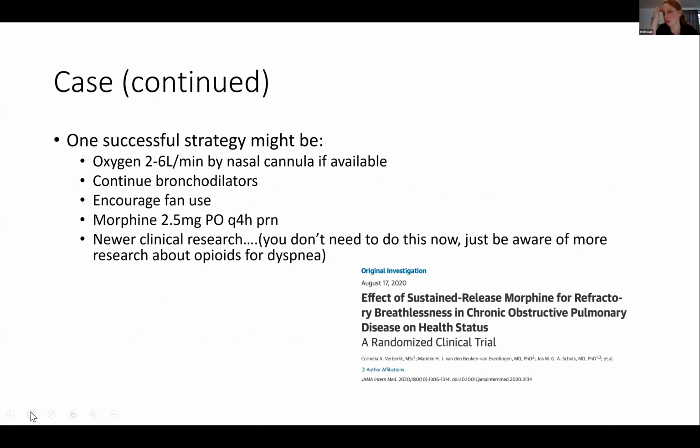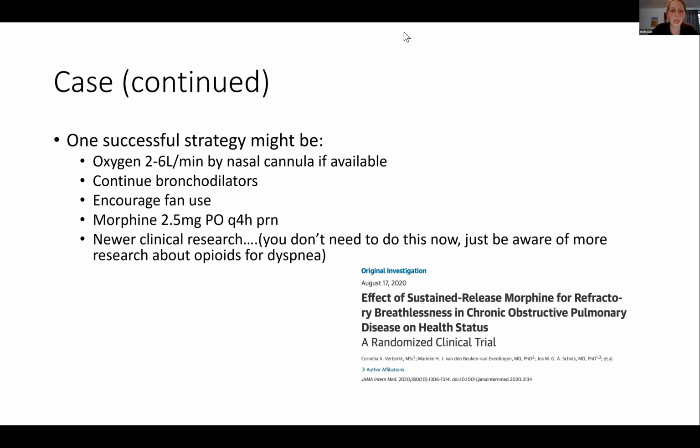One successful strategy for this man who's experiencing dyspnea is to offer oxygen 2 to 6 liters per minute by nasal cannula, again, if it's available. I assume, again, like someone mentioned, probably they would need to be admitted for oxygen support. We would recommend continuing with the patient's bronchodilators as the main treatment for his COPD. We would encourage the fan, and we would recommend the starting of morphine 2.5, which is a low dose, PO every 4 hours as needed for this patient.